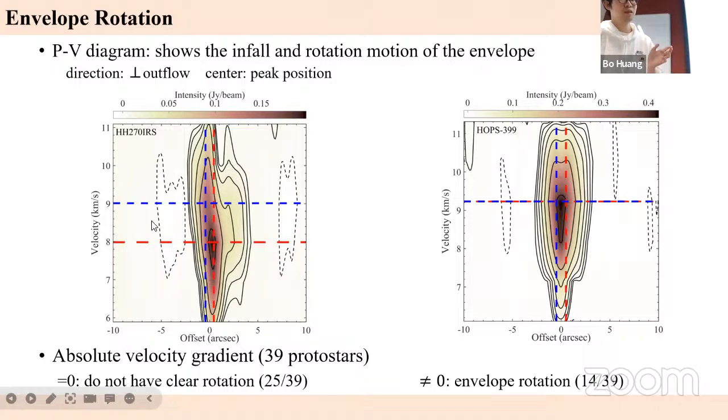this one may not be equal to 0, which indicates the rotation motion. But for this one on the right, in this offset, the highest peaks have the same velocity value, which indicates the absolute velocity gradient equals 0.